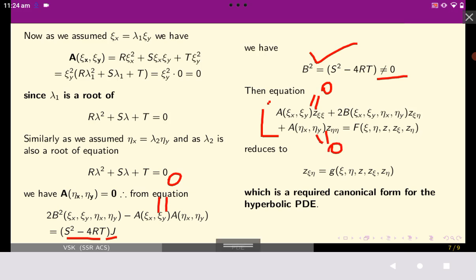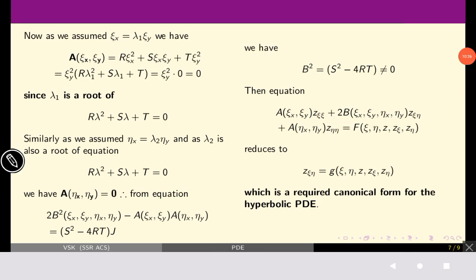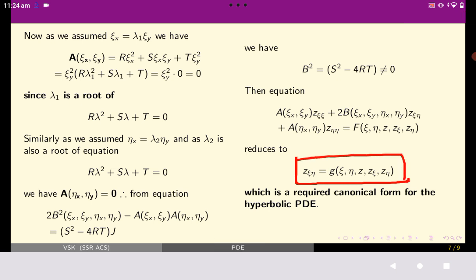So dividing by 2b, we finally get an expression: u xi eta is equal to, say, g, a function of xi, eta, u, u xi, u eta. Simply dividing this by b, we are getting this, which is the required canonical form for the hyperbolic PDE.